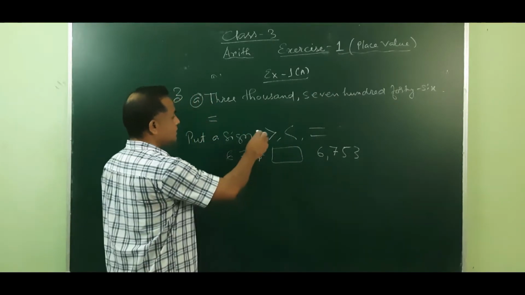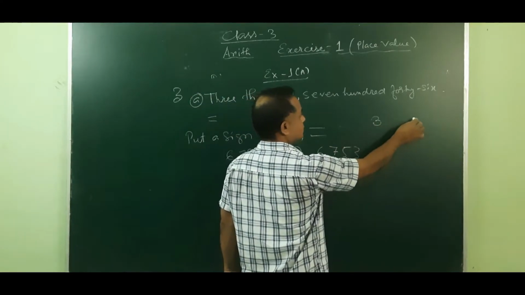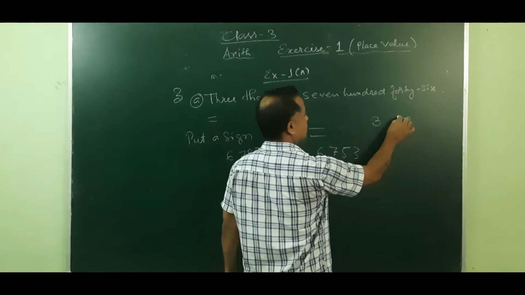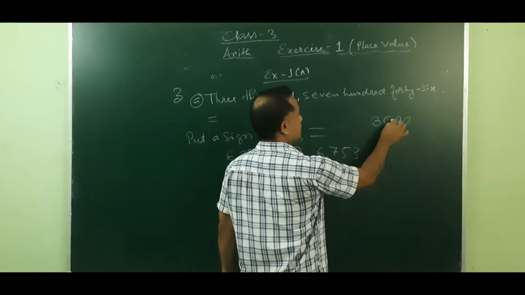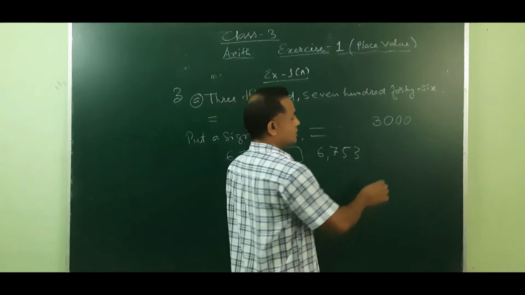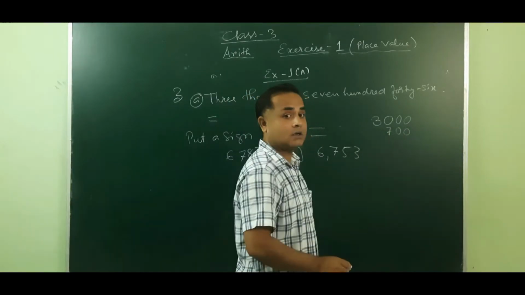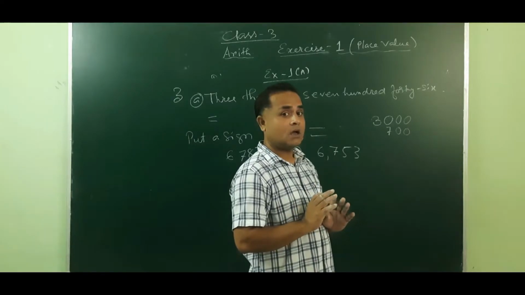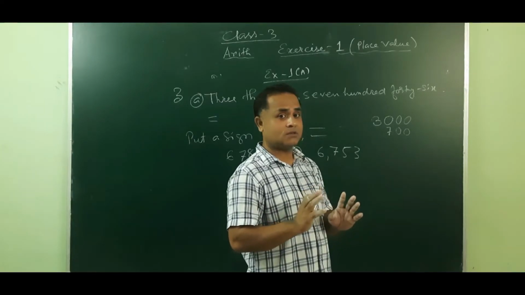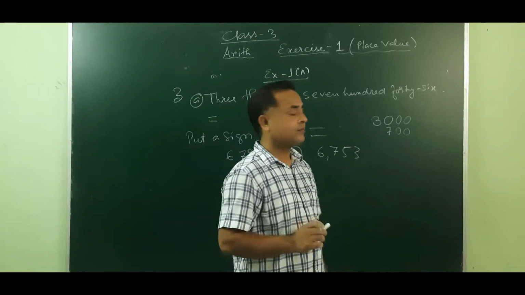So 3 is in 1,000. So if you count zeros, you need 10, 100, 1,000. Again 700, so you need 10, 100. That is 700. Nothing else is mentioned, only 700 is mentioned, and you put only zeros behind it.